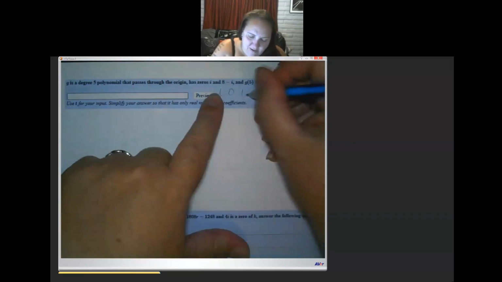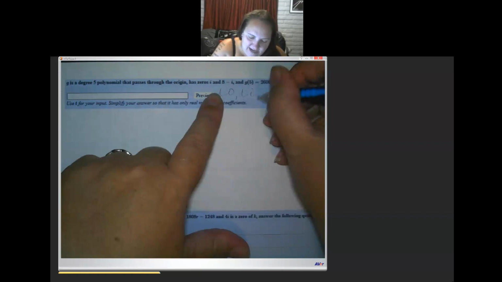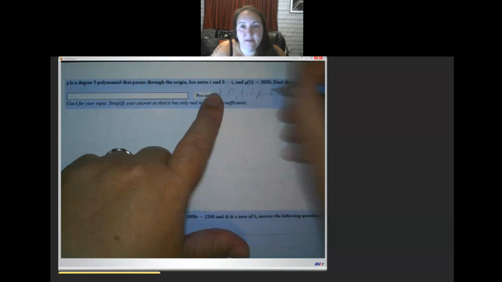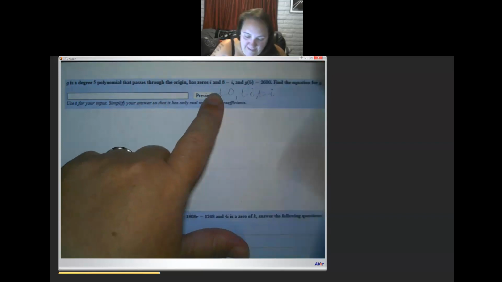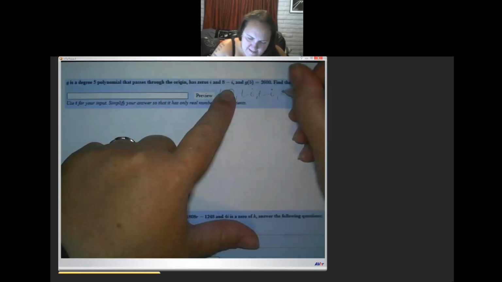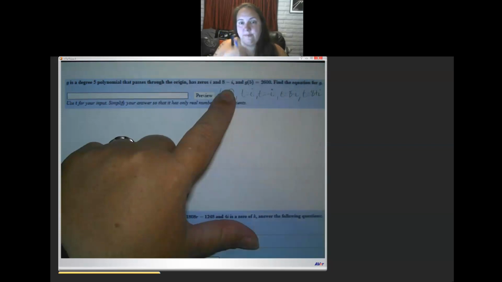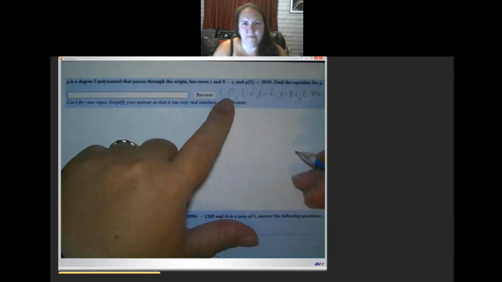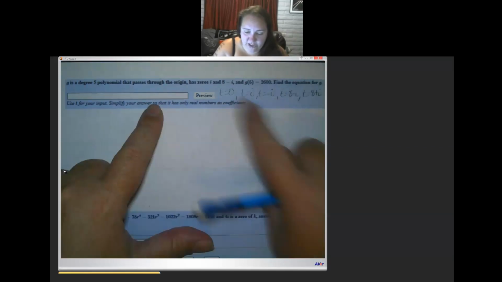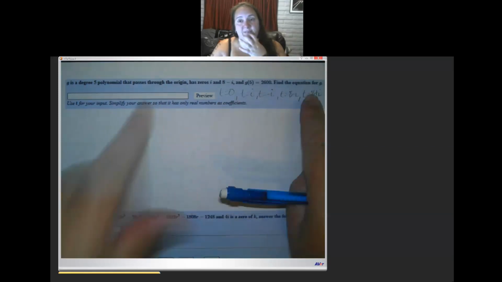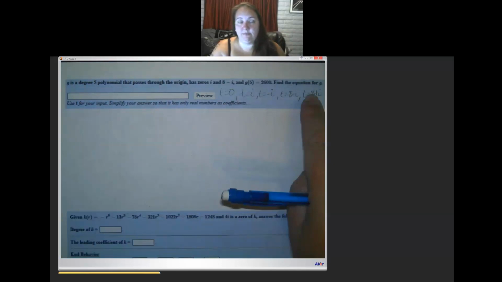If it has a 0 at i, then it has a 0 at negative i. 8 minus i, then it also has 8 plus i. Of degree 5, that's 1, 2, 3, 4, 5. That's all of them.